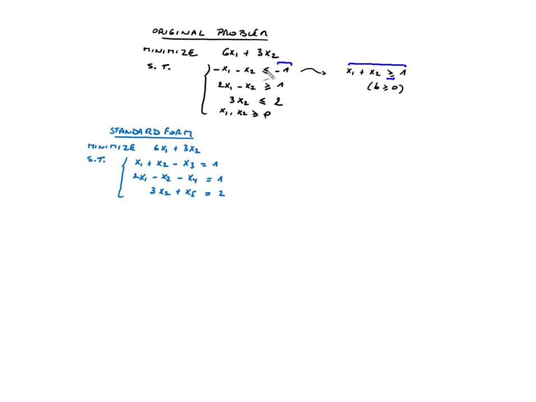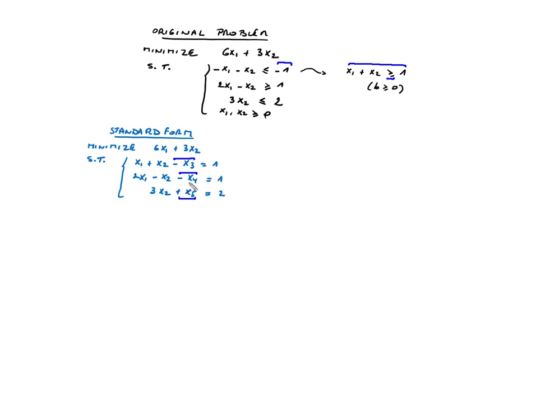Well, we have 2 constraints that are now larger or equal, so this means that in the first equation we have to use a surplus variable, and this is also the case in the second equation. And in the third equation we have smaller or equal, so there we can add a slack variable. Okay, so if we want to find an initial feasible basic solution, this is difficult over here.